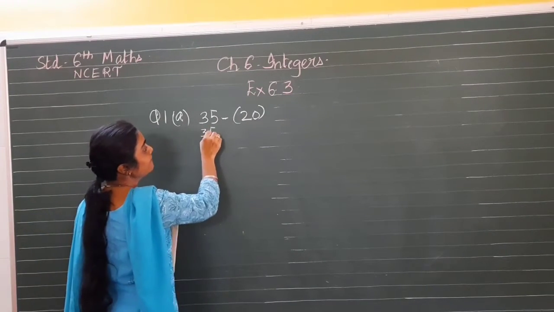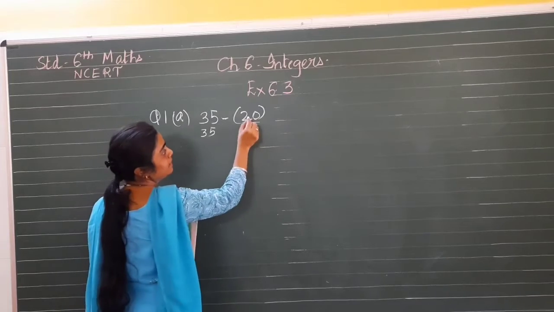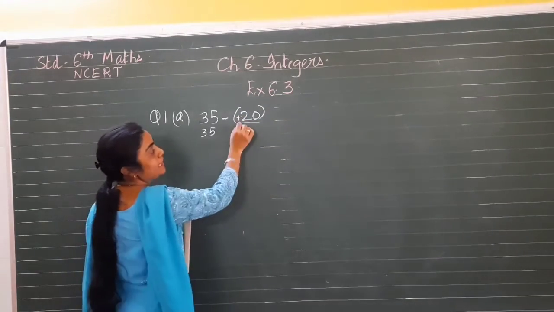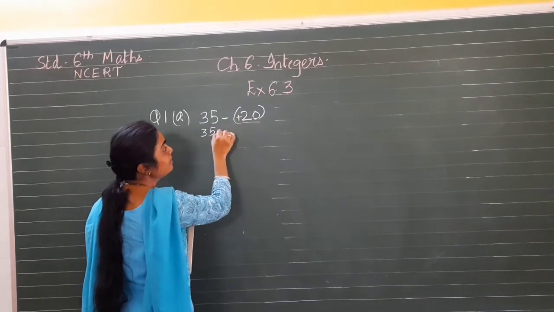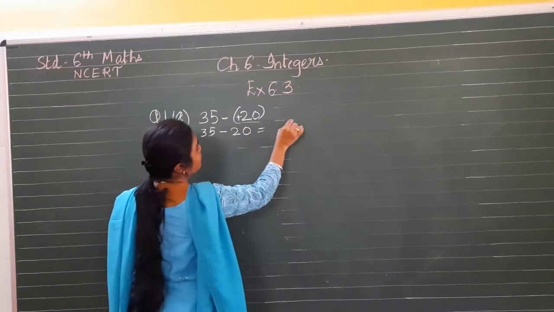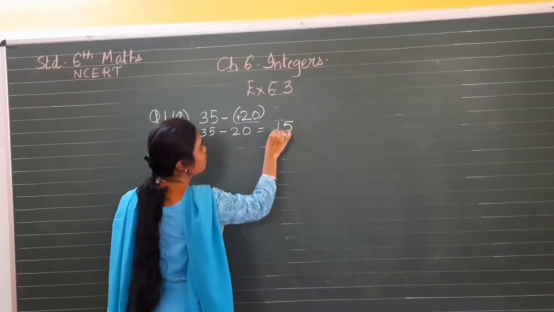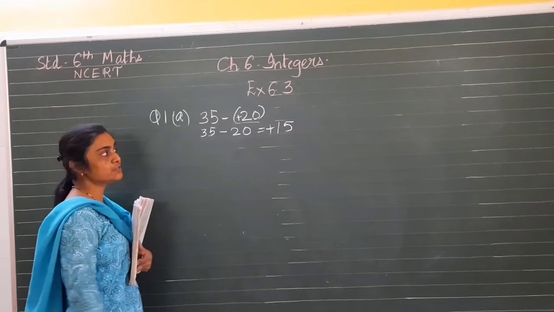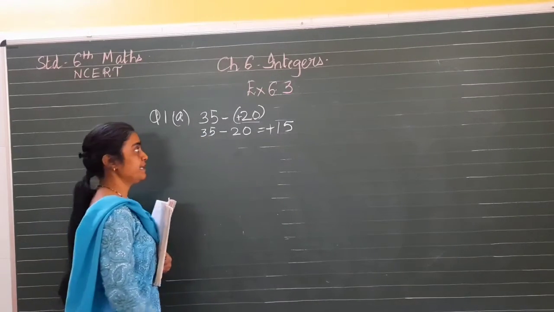So 35 we will keep as it is, and in front of 20 there is a plus sign, positive sign. So the additive inverse of plus 20 will become minus 20. If you subtract, 5 minus 0 is 5, 3 minus 2 is 1, and you will put the sign of plus because 35 is greater. So the answer is plus 15.